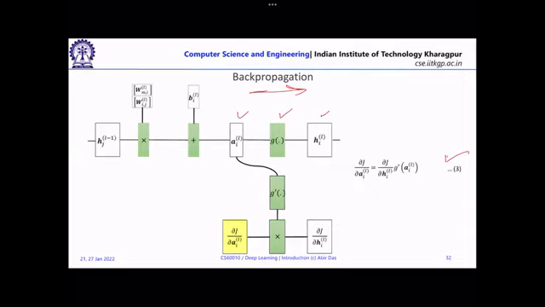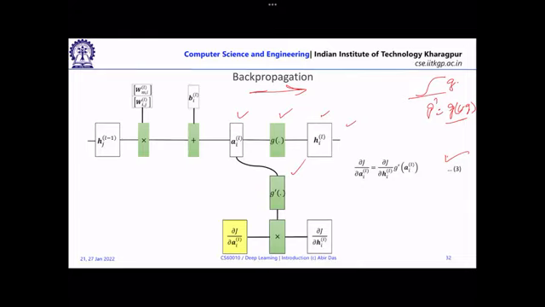Remind yourself about the sigmoid: sigmoid is the G, and G prime is G times (1 minus G). So if you have G, you have G prime also. Very similarly, for other activation functions G prime works in this way. So you have got all these things.